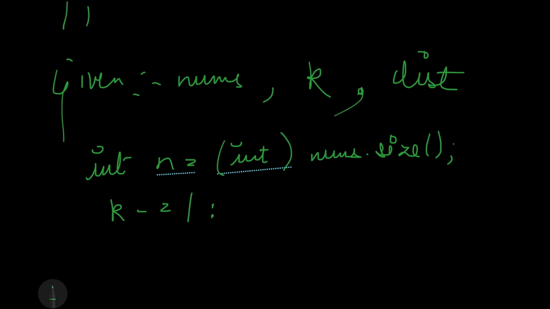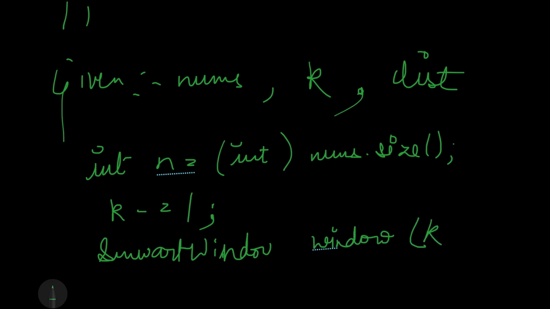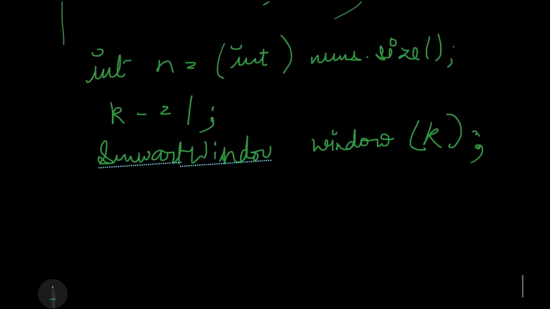Then our counter was initially -1 because the 0 index will always be there. Then we'll call our smart window data structure which we have defined, window, which will give us k number of windows. That is, we have to find the k smallest elements.